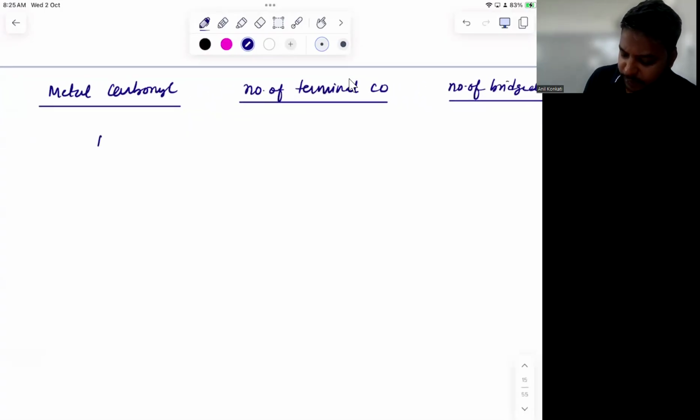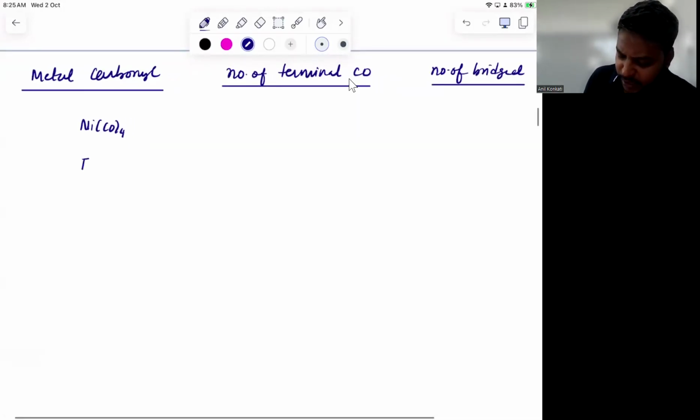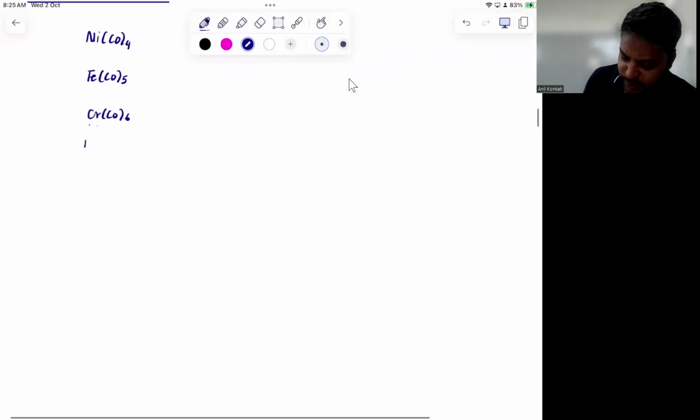Now, starting with this Ni(CO)4. First let us list out all the important carbonyl compounds which we'll be learning. So write down Ni(CO)4, Fe(CO)5, Cr(CO)6, and Mn2(CO)10.